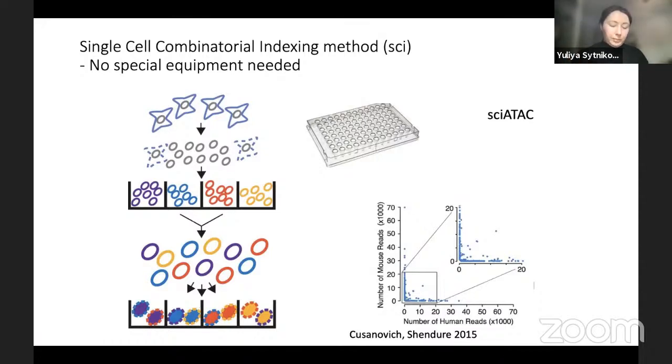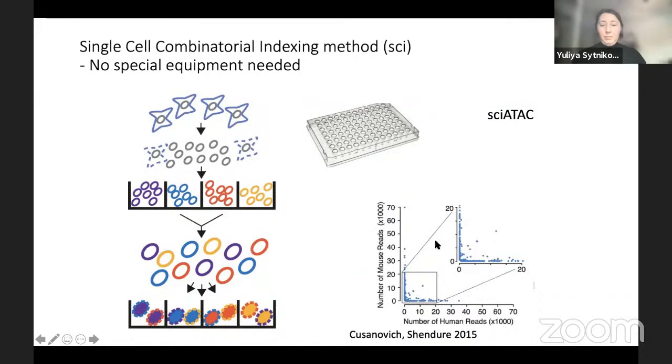With a specially adjusted cell number for each well, you could get conditions where each cell has its unique combination of barcodes. So basically no microfluidics, no other equipment is needed. You just need to do two or three rounds of barcoding.